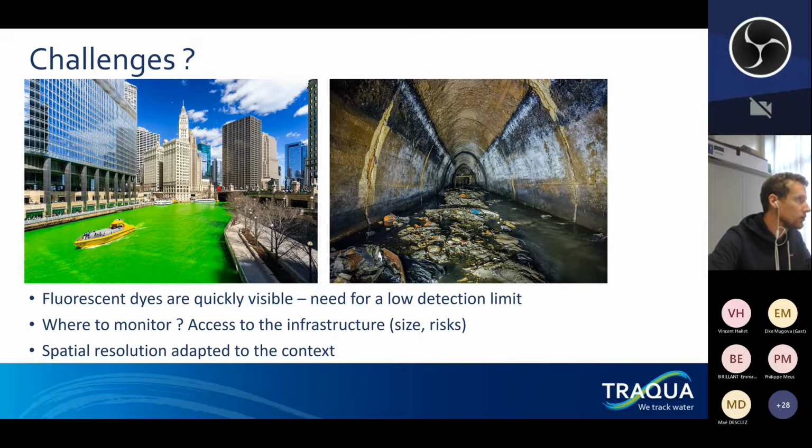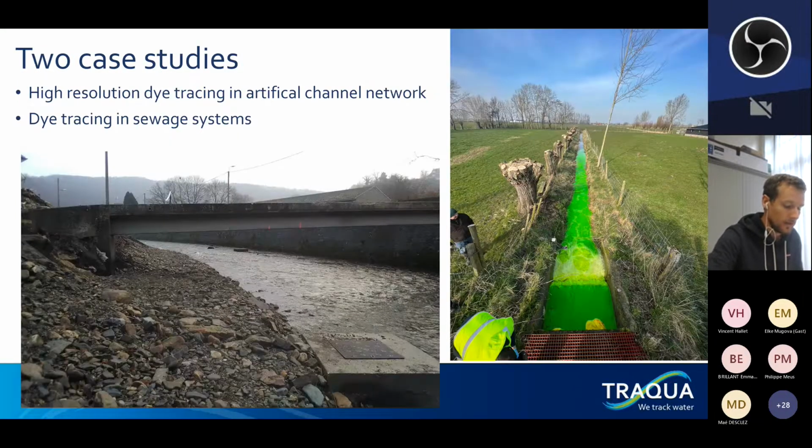So let me present two case studies that we've done this year with TRAQUA, where dye tracing was a valuable asset in the characterization of artificial networks, and where we managed to overcome the issues I mentioned just now.